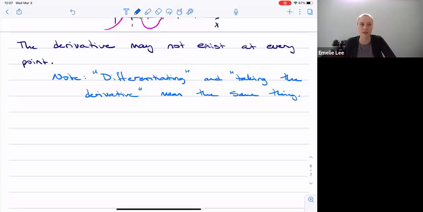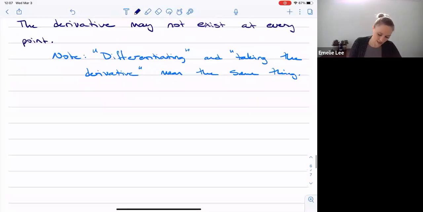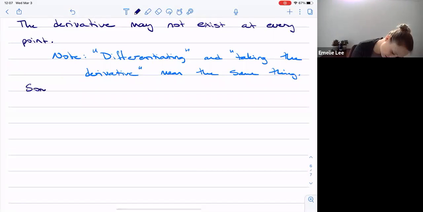Which is another one of those things that are hard in the beginning, but as long as you've lumped them in the same group, then we can move on.